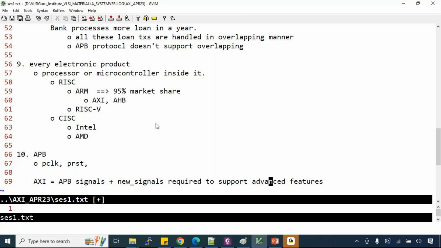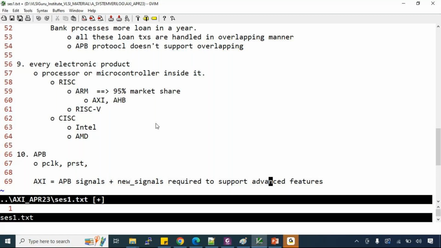The AXI has some advanced features, right, which APB doesn't have, like overlapping transactions, burst transfers, cacheable transactions. A lot of things you'll come across. To support them, you need new signaling, right? You need to tell what it is that I'm doing. So simple. AXI is nothing but APB plus new signals.